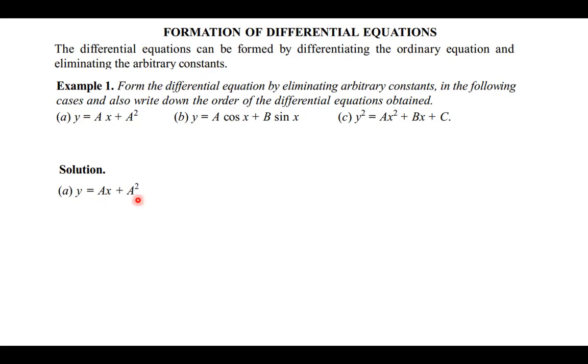The first step is that you differentiate this. When you find dy/dx of this, you are going to get a as your answer. A squared is a constant, which we call an arbitrary constant, because it doesn't contain any variable.